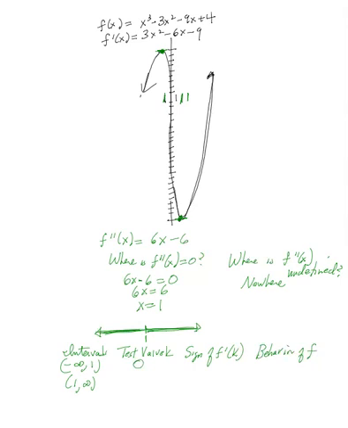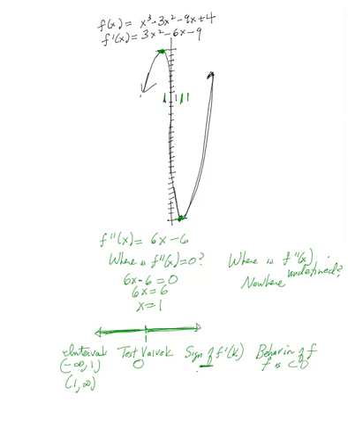When I plug 0 into the second derivative, 6 times 0 minus 6, that's negative. All I care is the sign. Is it positive or negative? So this tells me the second derivative is negative on this interval, negative infinity to 1. So that tells me f is concave down.